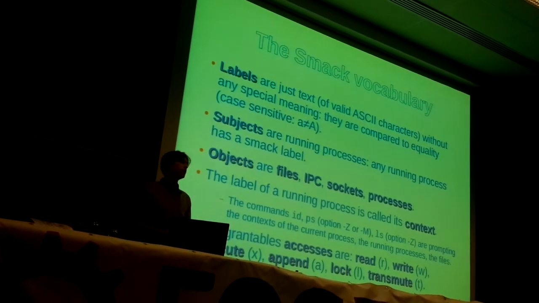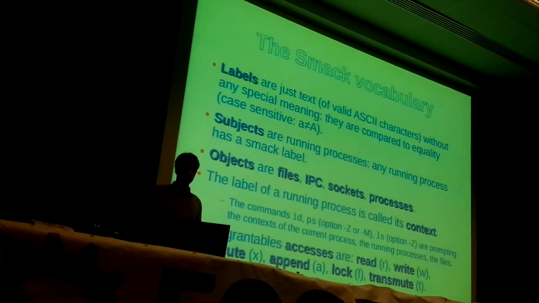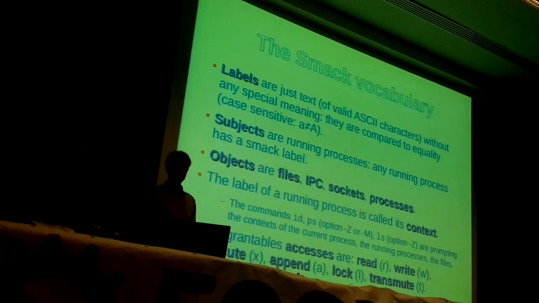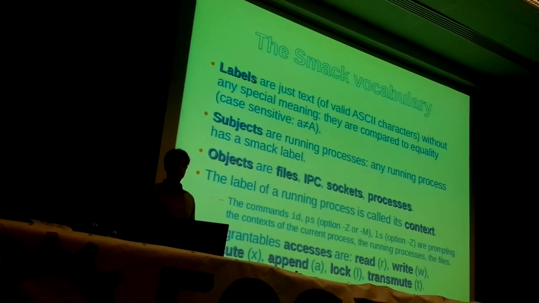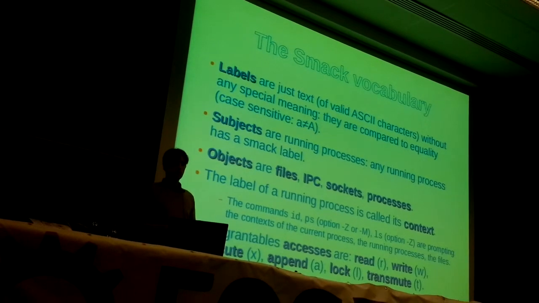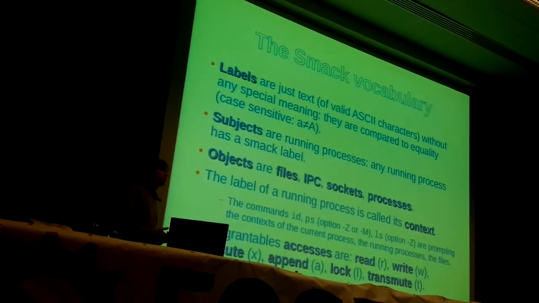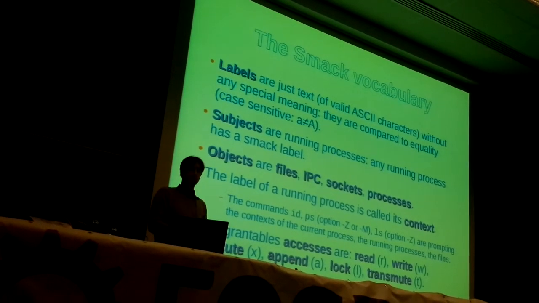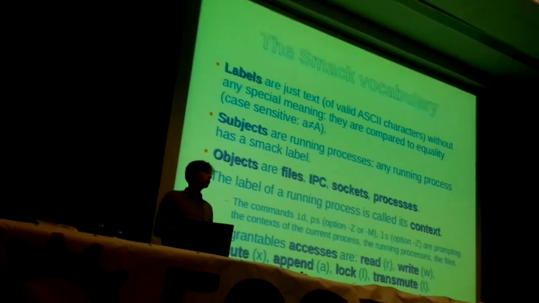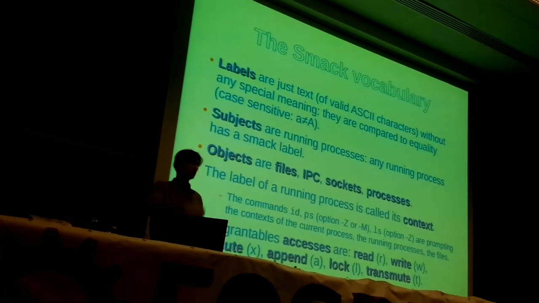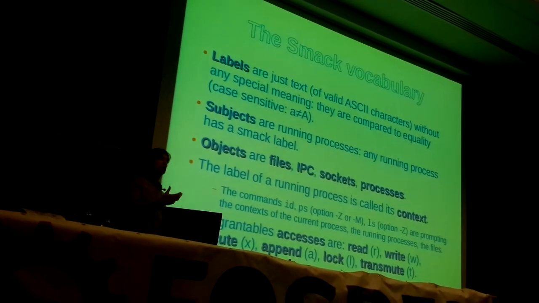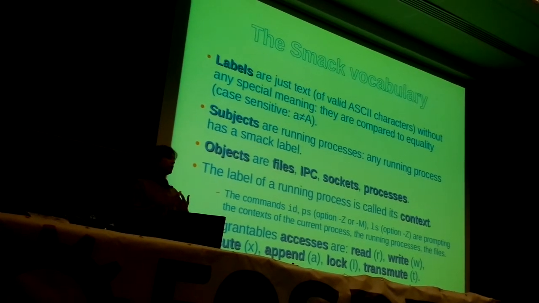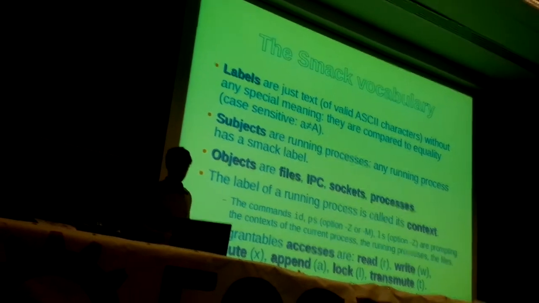The subjects are the running processes. The objects are files, IPC, sockets, processes. The label of the process is called its context, that is the security context, and you can show, using the ps command, the context of each running process, using id your own context, and ls shows you not the context of the file, but the labels of the files.